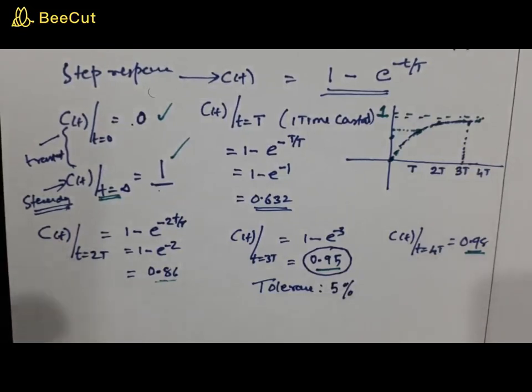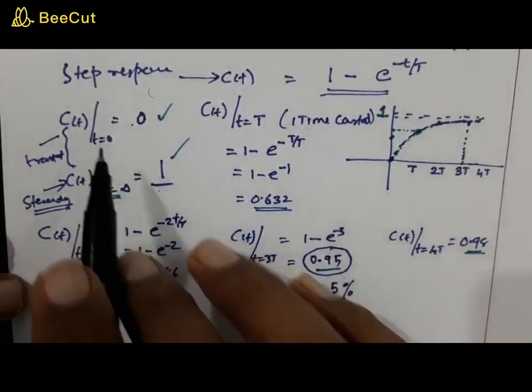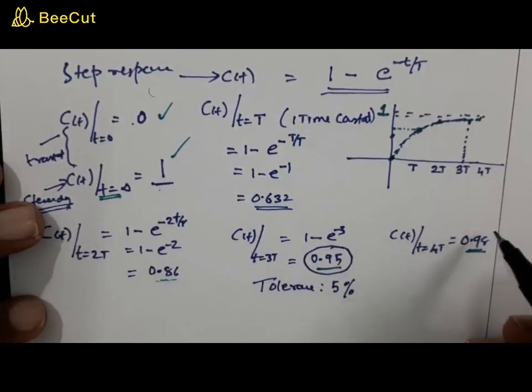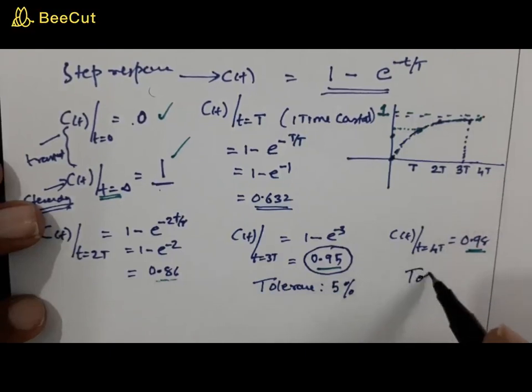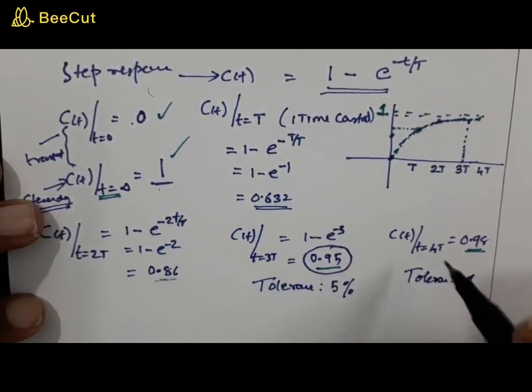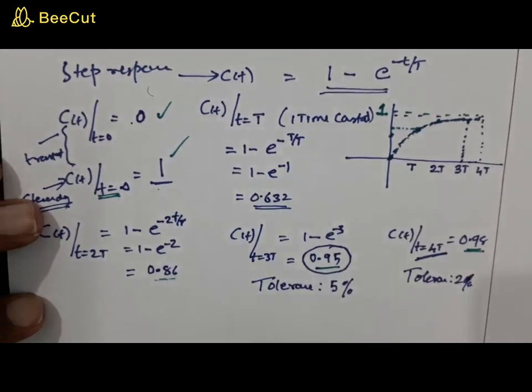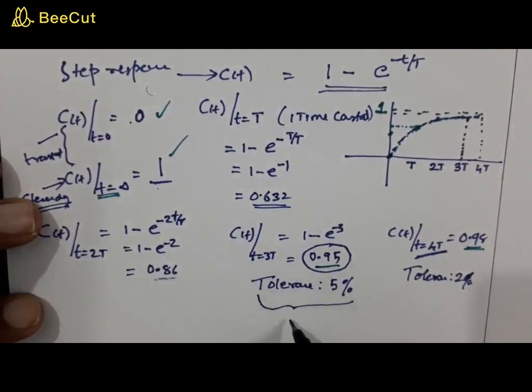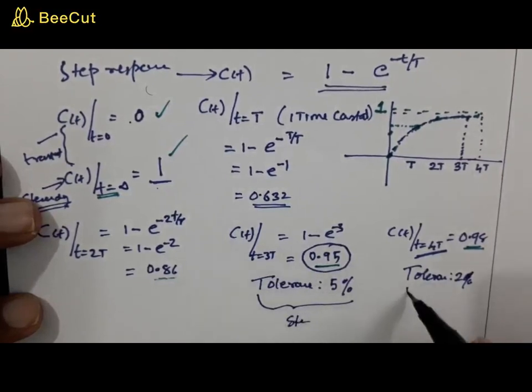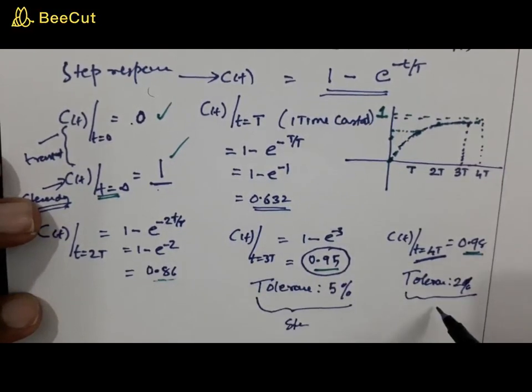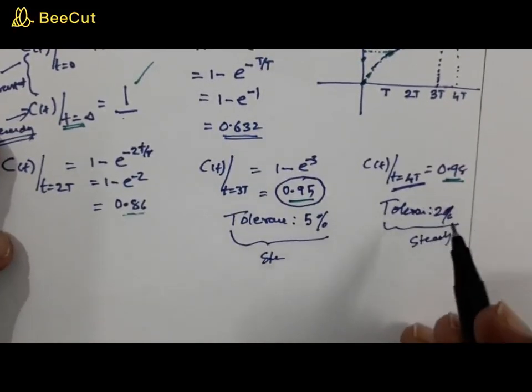That means you can consider this as 1. Now, that's a practical case. Or if you want the tolerance to be 2%, you can consider t equal to 4τ as the time it reaches the steady state. So practically speaking, this can be the time it reaches the steady state, or this can be, but that depends on the tolerance that you provide.